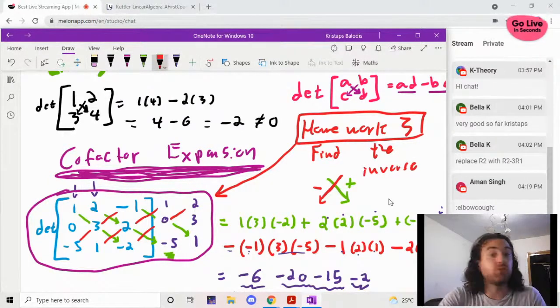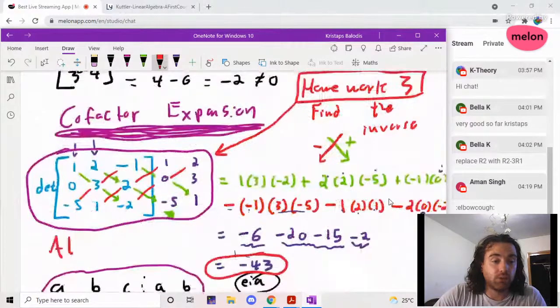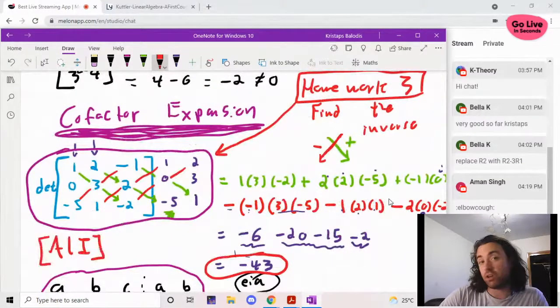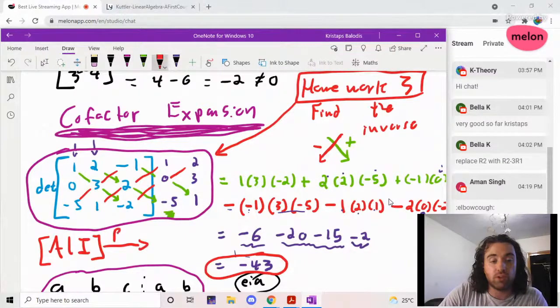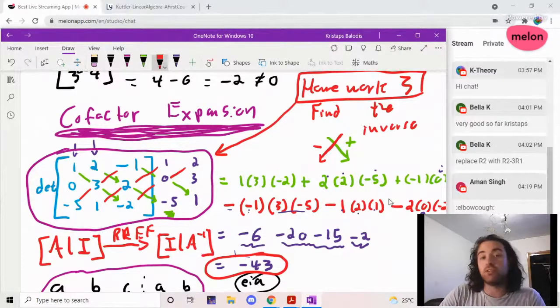And we have a method for doing this. I mentioned it earlier in class. If we take a matrix A, we set up the augmented matrix so that the identity matrix is on the right. If we're able to get it into reduced row echelon form on the left, then we know that the matrix on the right is A inverse.